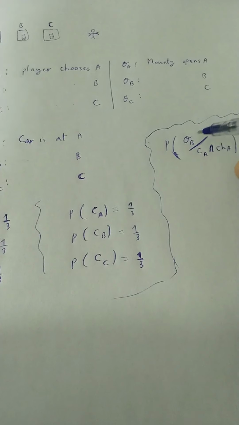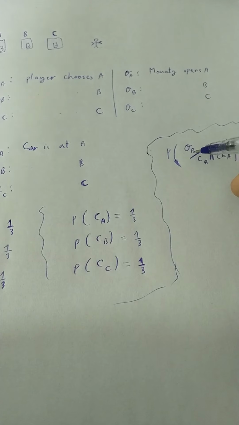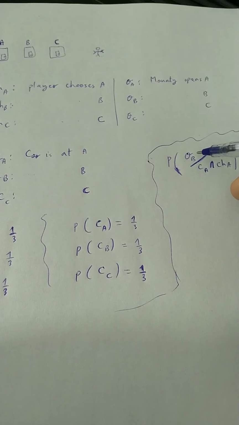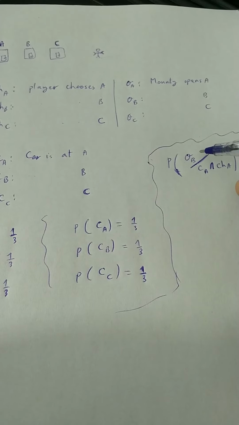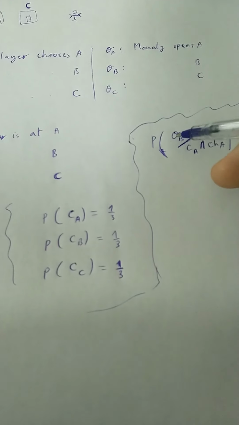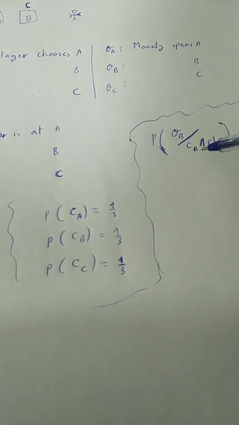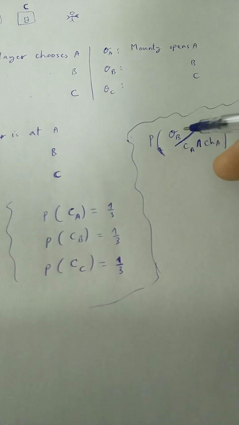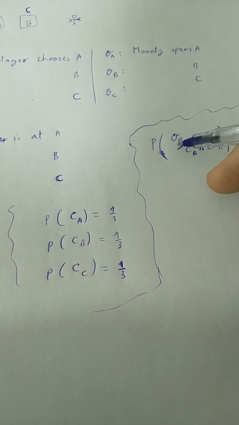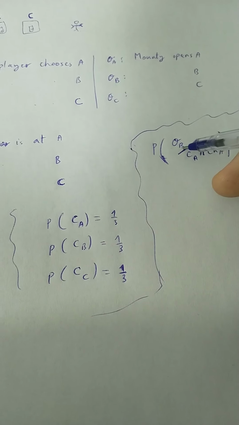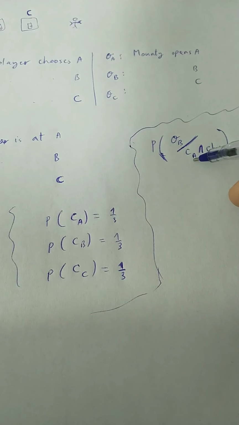Now, which door Monty opens is related to what he knows. He already knows that the car is at A. But when I state "such that", this has nothing to do with what he knows. What he knows is inside this: CA, the car is actually at A.